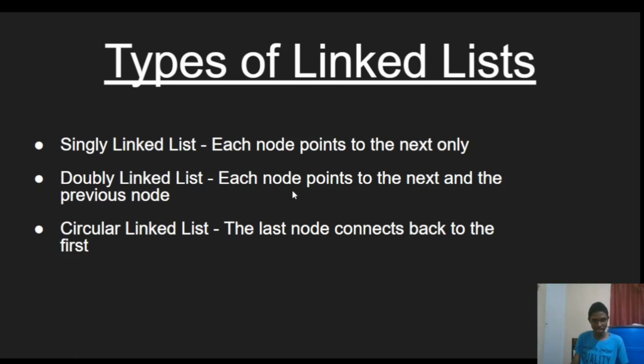And a double linked list points to the next node and the previous node. In a circular linked list, the last node connects back to the first. So essentially the last node points back to the start of the linked list. So it becomes like a cycle.